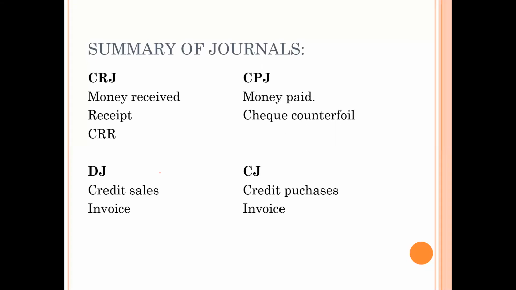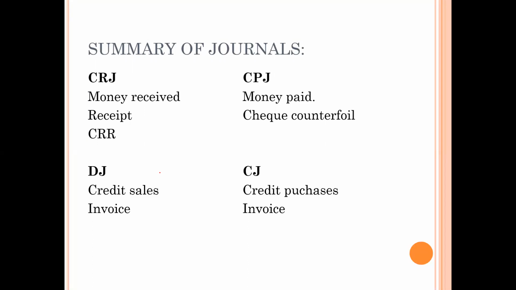That is why I summarize it here, so you can understand what type of transaction you need to enter in each journal and what source document is involved with each journal. The source document is a very important key thing here. If a transaction says to issue a receipt, as soon as you see the word receipt, you will know it must go to the CRJ.